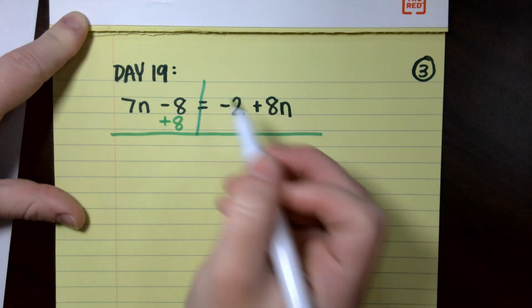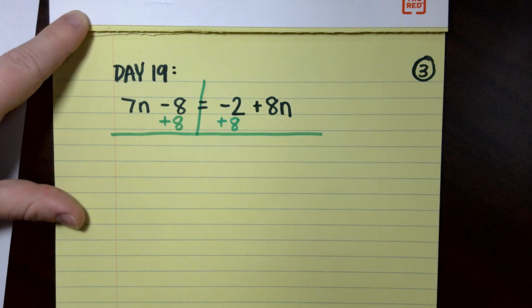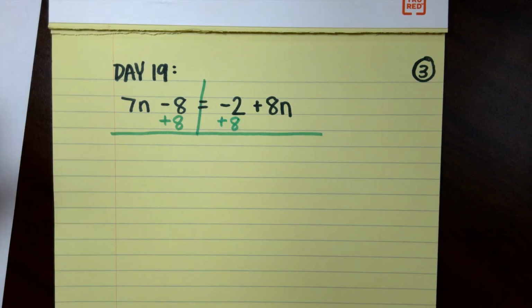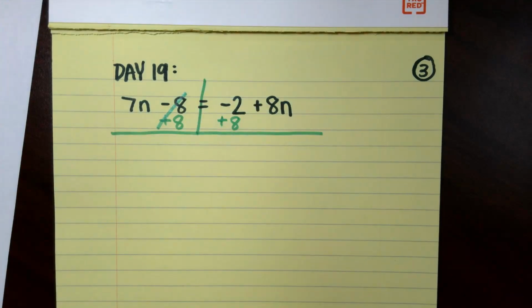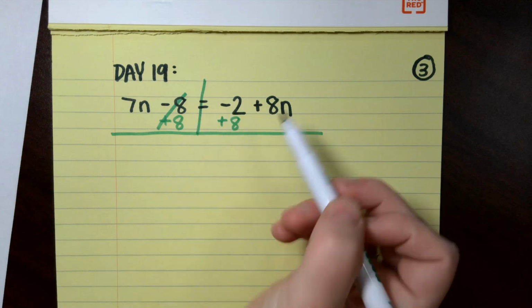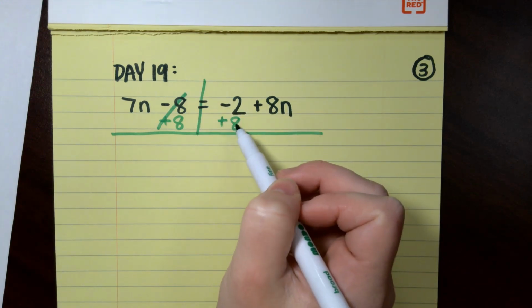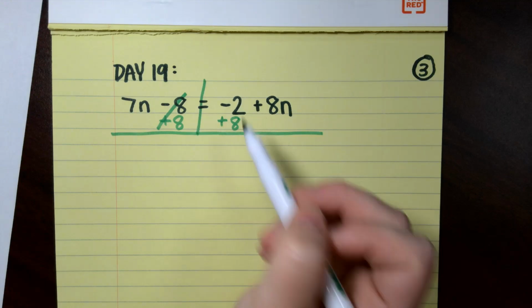Here's my equation separated. Let's do plus 8 under the negative 2. What's going to happen next? My 8s will cancel. And then negative 2 plus 8, that's the same thing as 8 minus 2. 6.